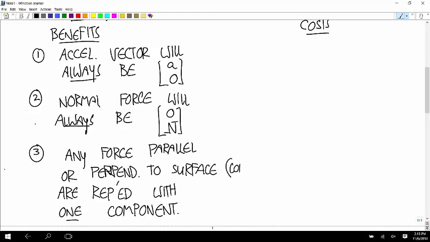And this is common. Those come up a lot. They're represented with a single component. Okay, so that's three big benefits.